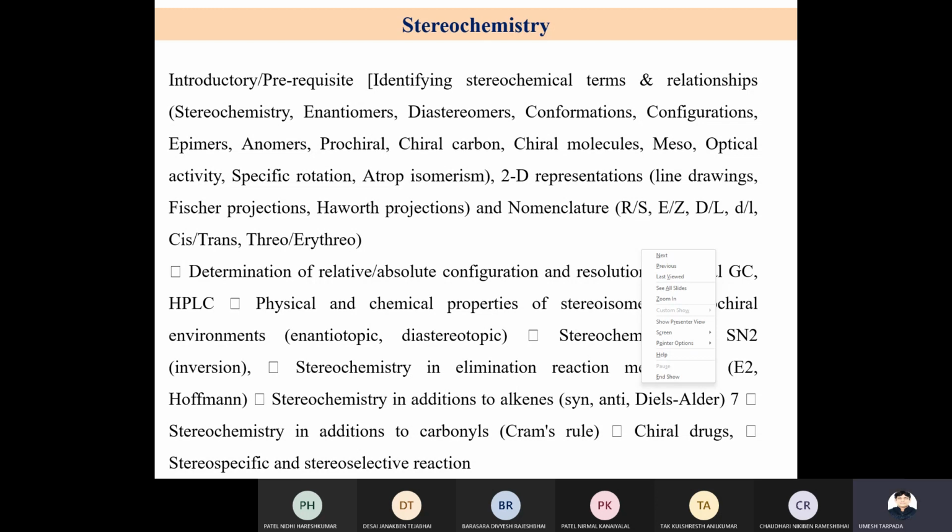So these are the topics we are going to learn in this semester.